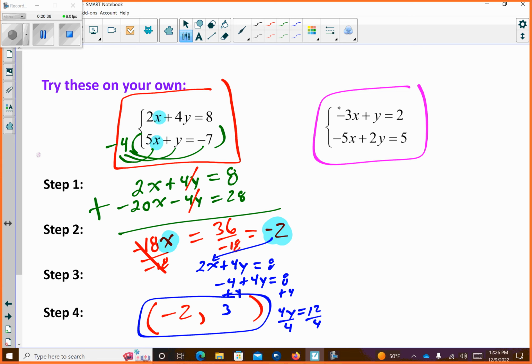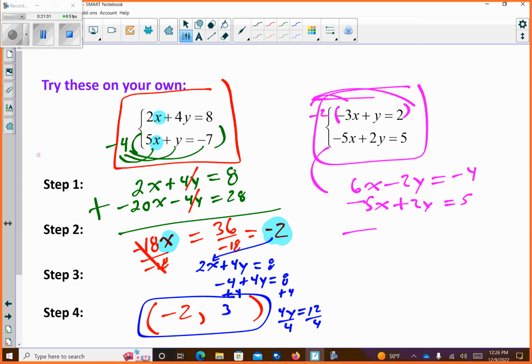All right. Oh, you guys are catching on. Multiply the whole top by -2, so I'm going to distribute here and here and here. Why distribute? Because I have to multiply everything in one of the equations. And then the bottom equation, bring it on down, -5x plus 2y, excuse me, equals 5. What goes away?